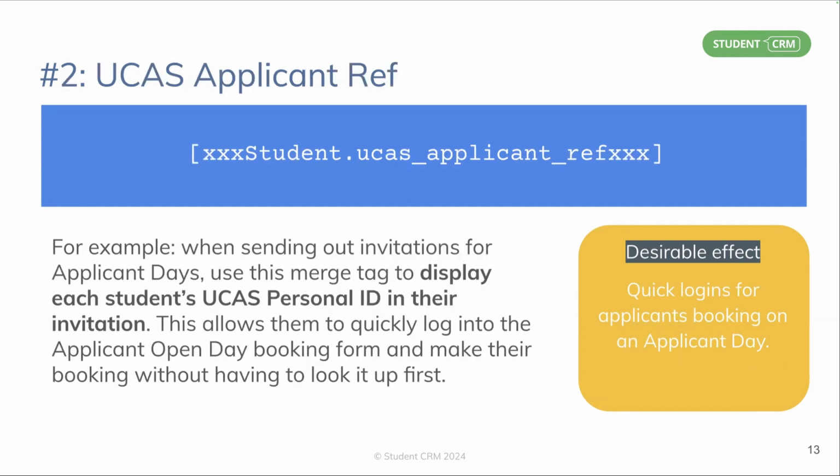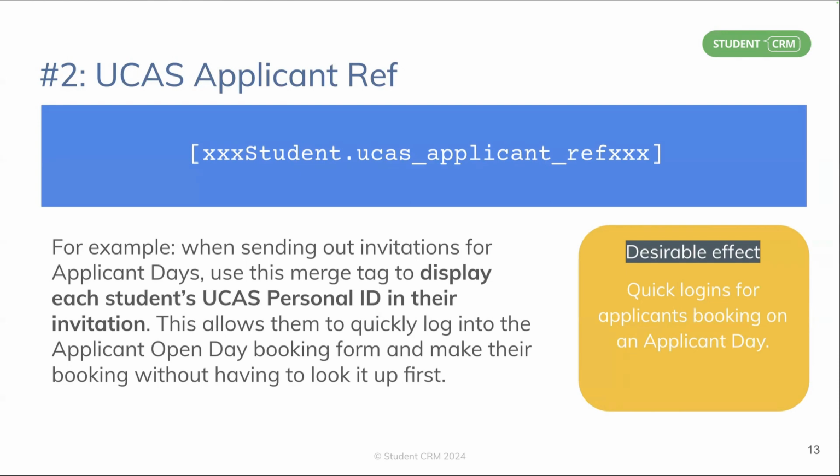Okay, in a similar vein, we've got the UCAS applicant ref. The UCAS applicant ref, which is also known as the personal ID, helps with quick logins because when somebody is logging into an applicant day, we need to verify that they are actually UCAS applicants. So we use the UCAS applicant ref.